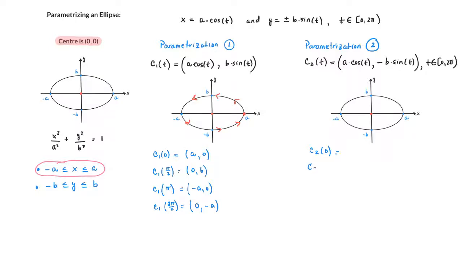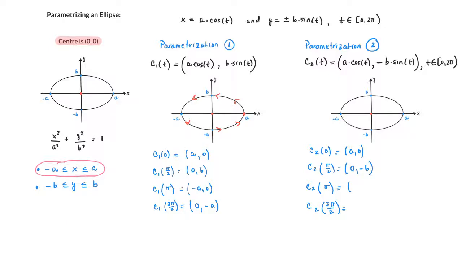If I now do the same thing for the second parametrization, so c sub 2 of 0, c sub 2 of pi over 2, c sub 2 of pi, c sub 2 of 3 pi over 2, we're going to see what happens here. The beginning is the same, a comma 0. But now, for the second value for t, we're going to get 0 comma negative b.